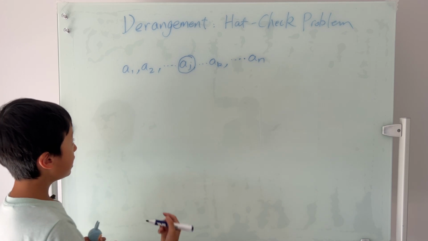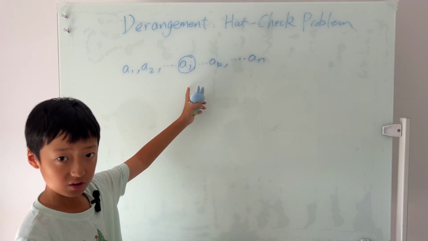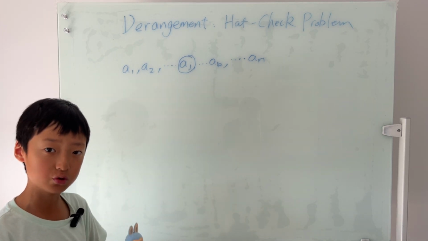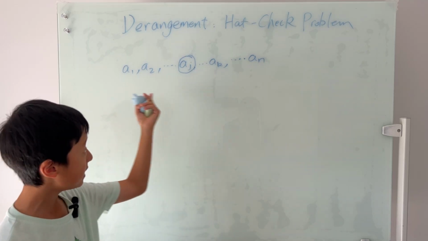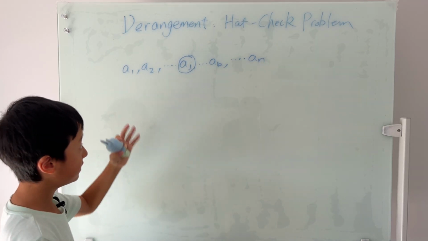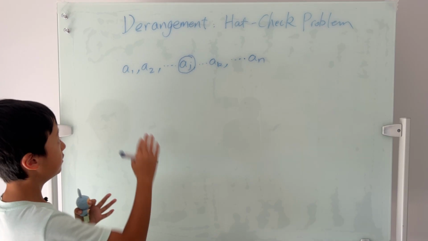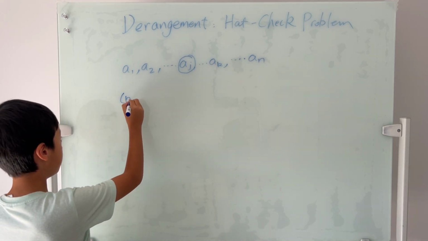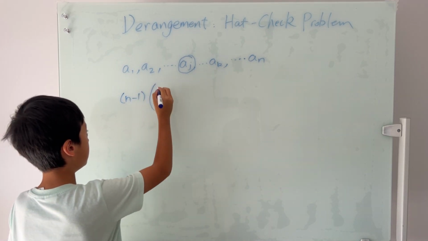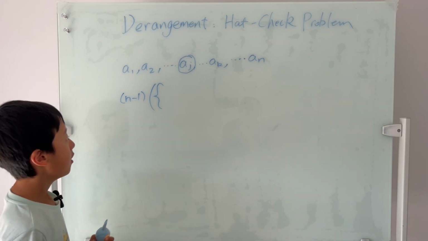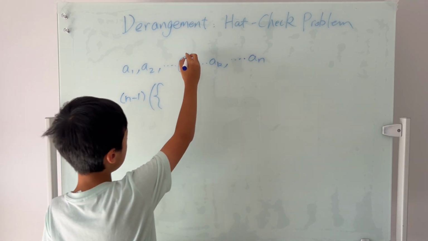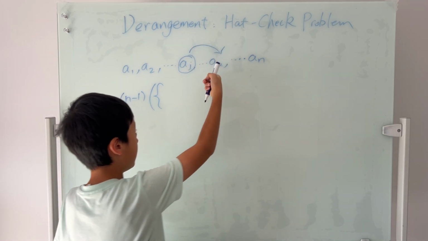AJ can't stay here, so how many other places can it go to? Since there are n total elements, it can go to n minus 1 different places. Now, let's assume that AJ goes to where AK is.